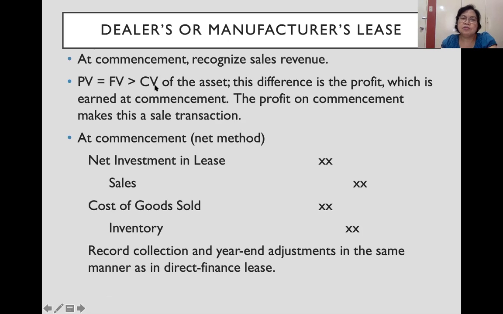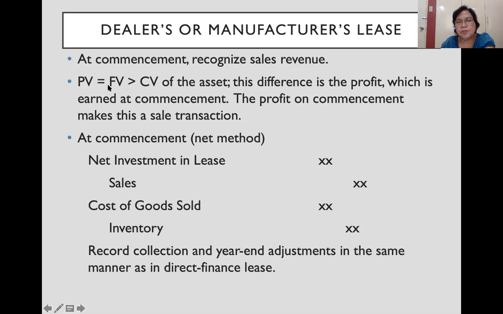So how do we determine whether it is to be accounted for as dealers or manufacturers lease if nothing is mentioned about the nature of business of the lessor? The present value of the finance lease receivable is equal to the fair value.